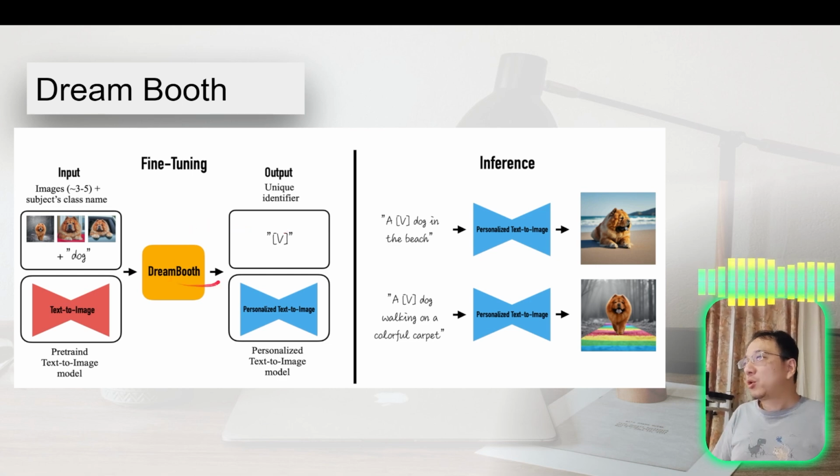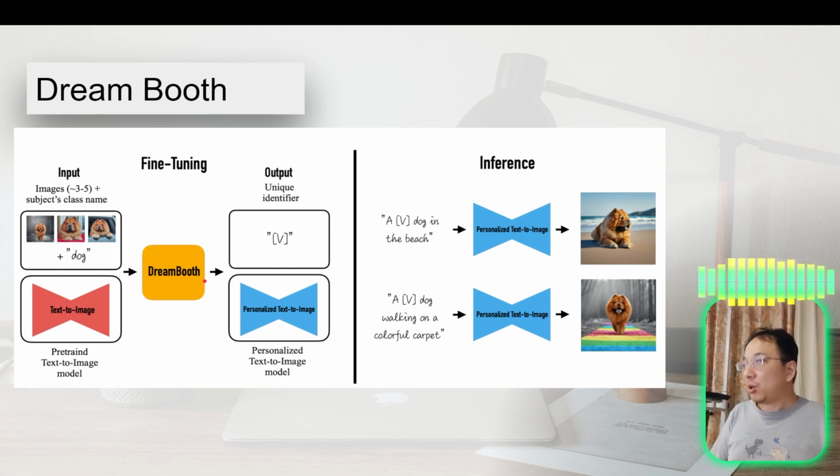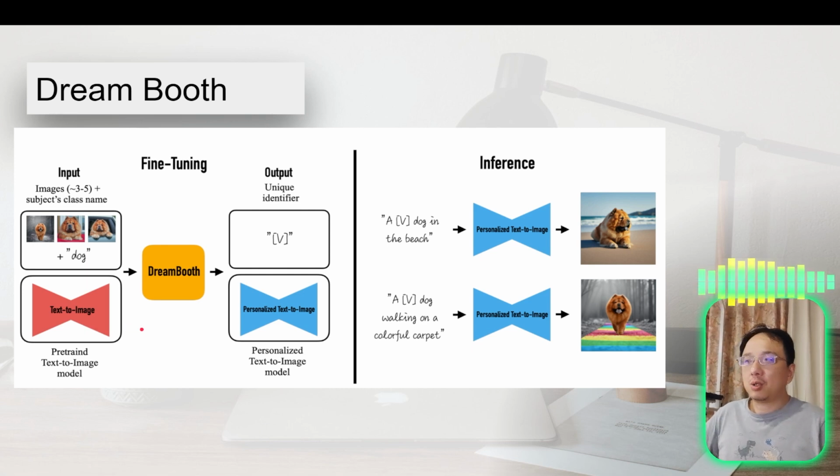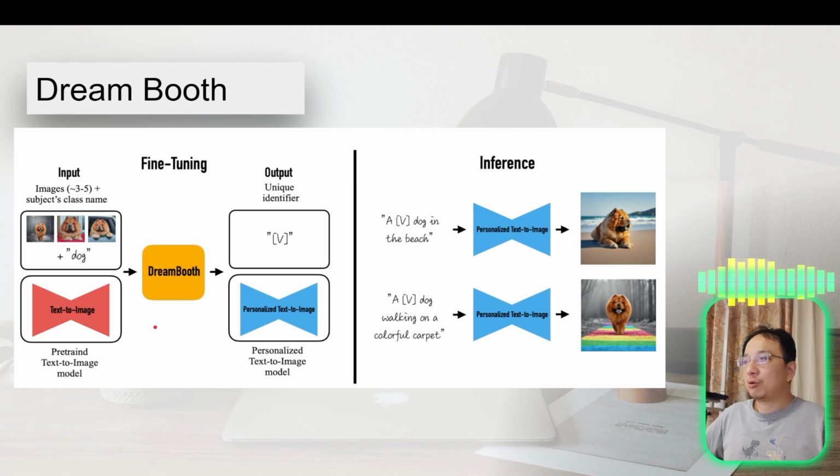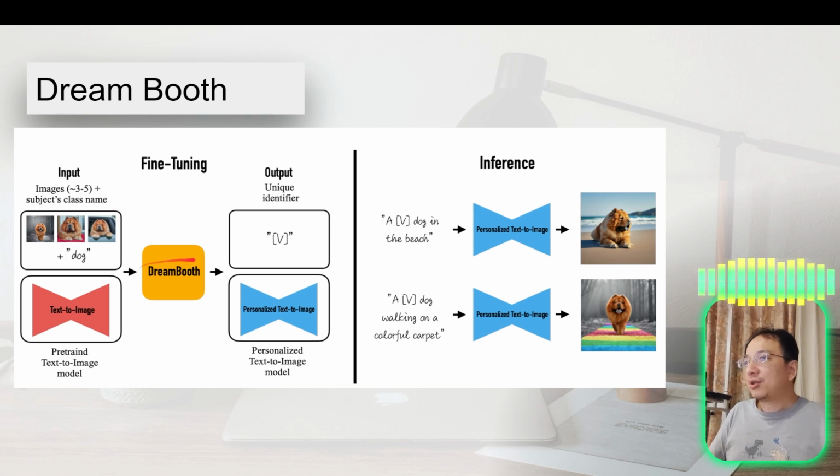After the DreamBooth procedure, we have a few examples of this object and the original text-to-image model. In the paper, it is applied to Imagen, and we can adapt it to Stable Diffusion as well. Then after this procedure, we get a customized, or maybe we should say fine-tuned, model.